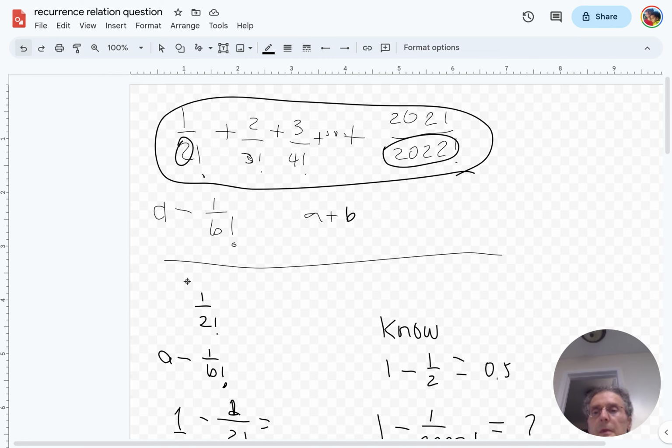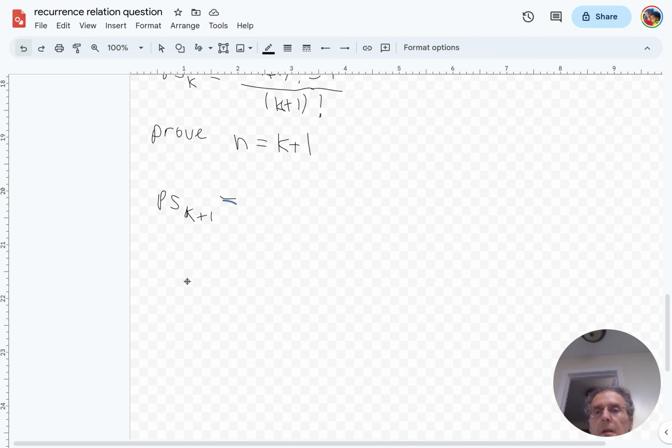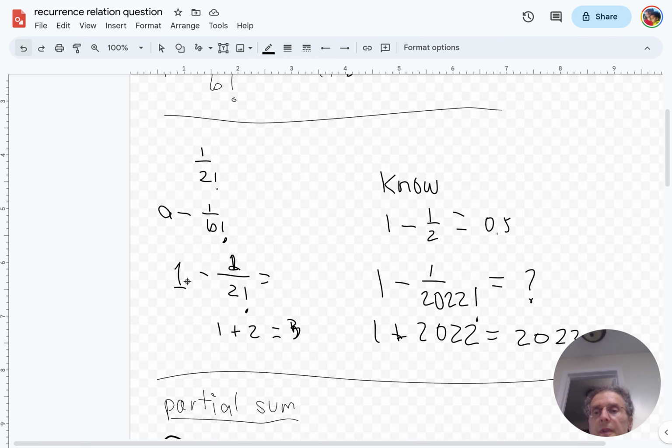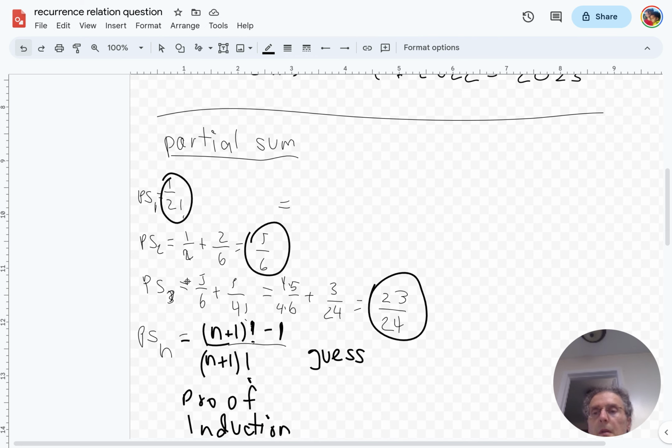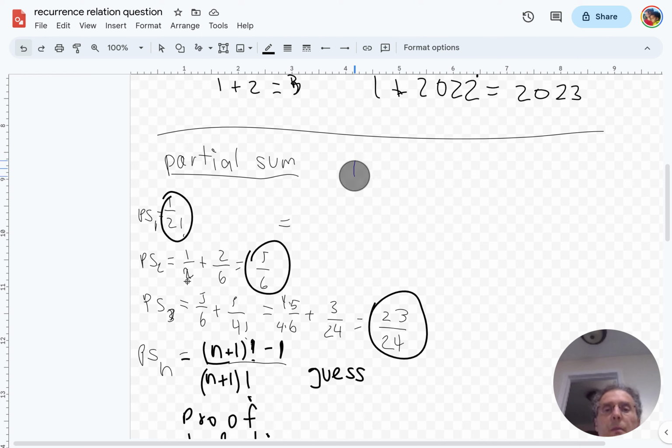So every k plus 1 term. We don't want to mess this up, so that's the partial sum, but it's also, we can say the term, let's just make it very clear. Term of 1 equals 1 over 2 factorial.